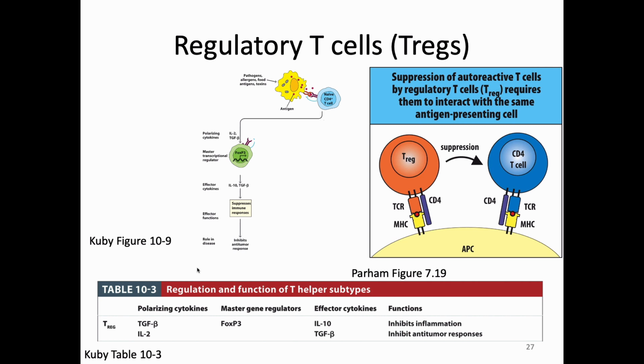Once the cell receives TGF-beta, it starts making the characteristic transcription factor, FOXP3. In fact, FOXP3 expression is one of the big ways we figure out if a cell is a Treg. There's a lot of FOXP3 experiments people do. So the transcription factor is FOXP3.